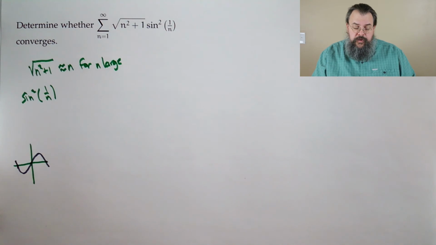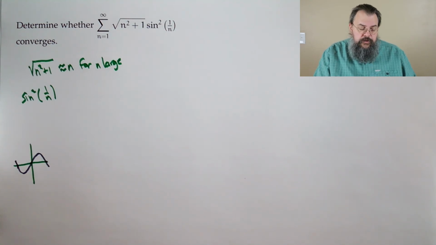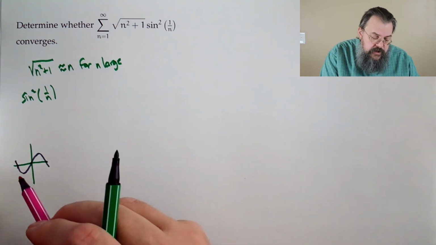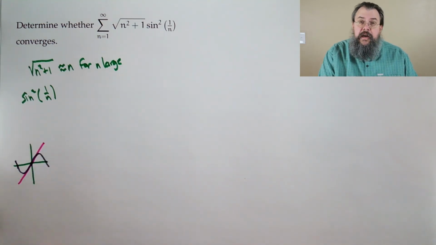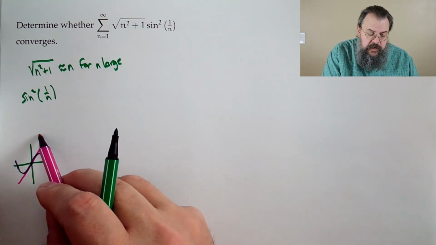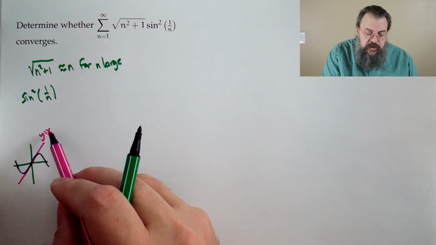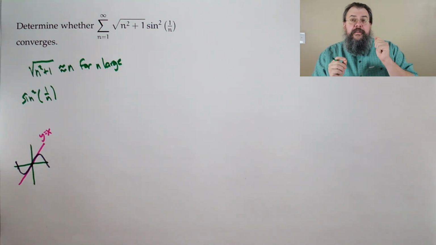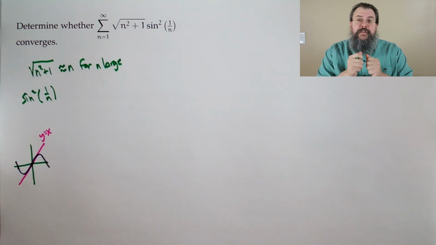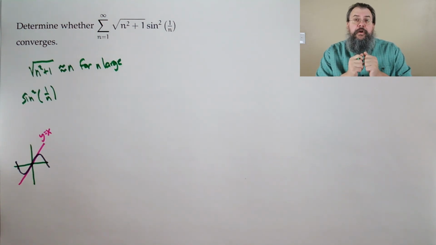And what's true? Well, if you zoom in near 0 and look at the tangent line, you'll see the tangent line is very nice. So the tangent line, it's very easy to compute, is the line y equals x. Now remember, there's this philosophy that the function mimics the tangent line near the point of tangency.